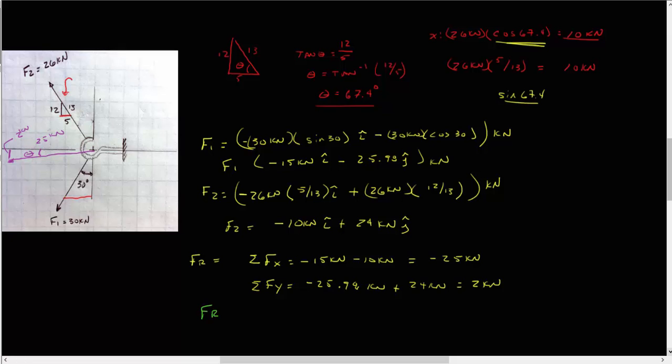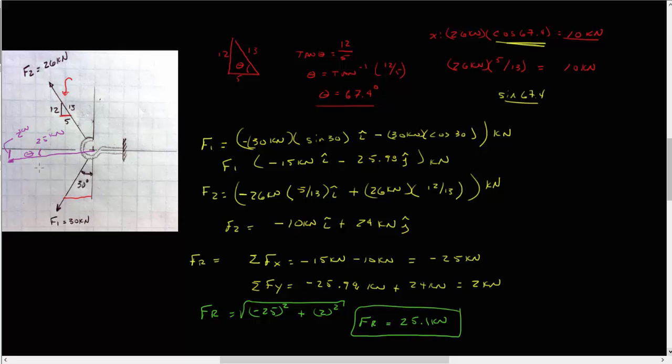So solving, it's the square root of negative 25 squared plus 2 squared. My resultant force then would be 25.1 kilonewtons.